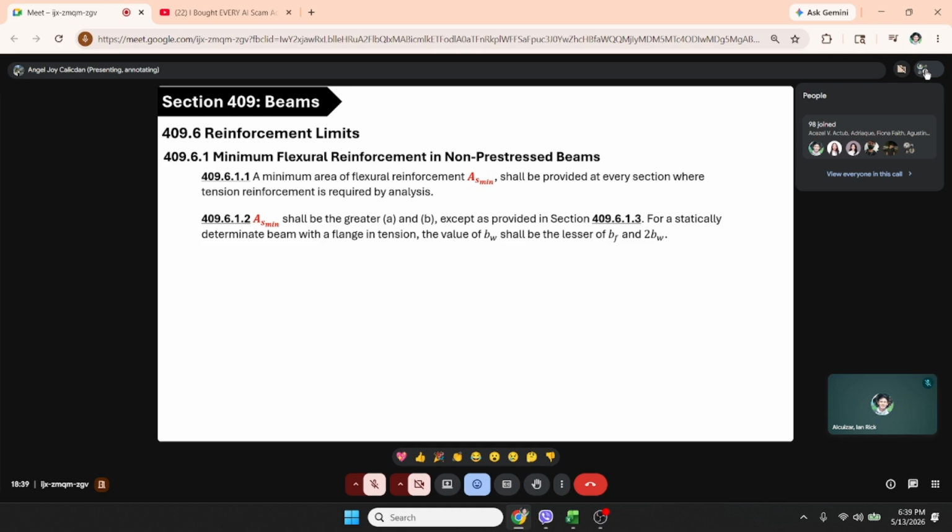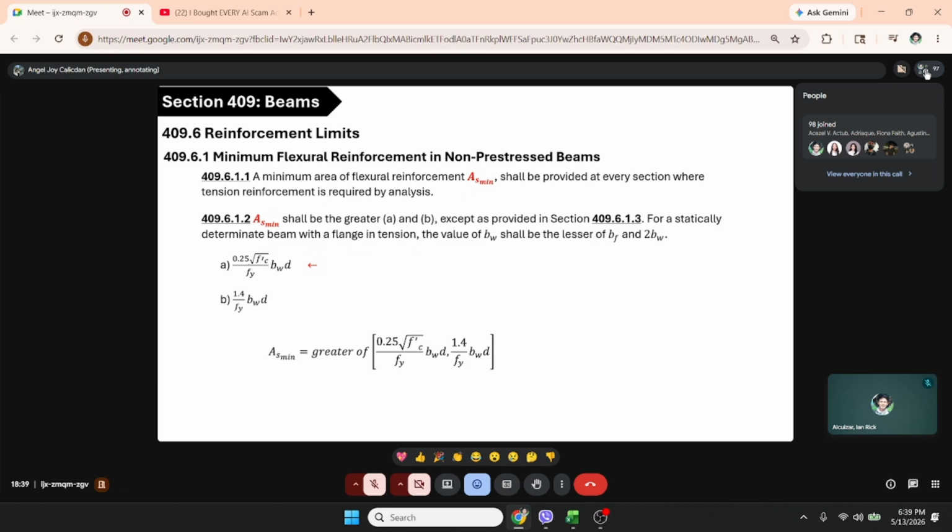The value of bw shall be the lesser of bf and twice the bw. So As-min is the greater of A, 0.25 square root of f'c over Fy, or B, 1.4 over Fy.